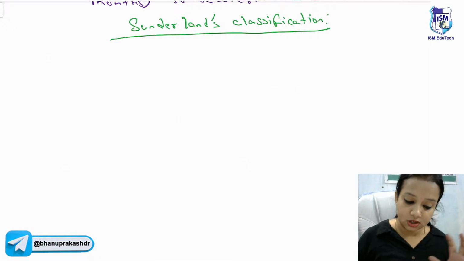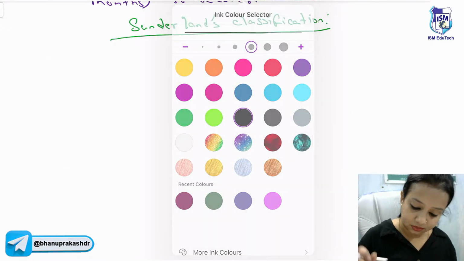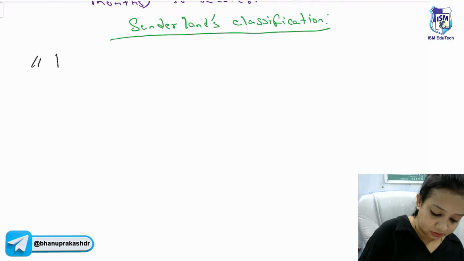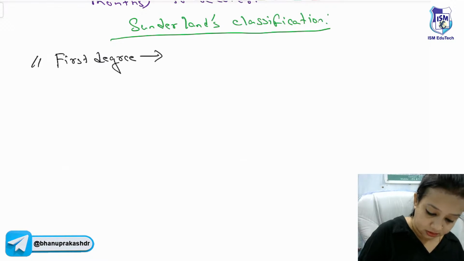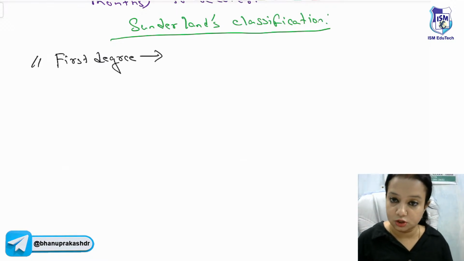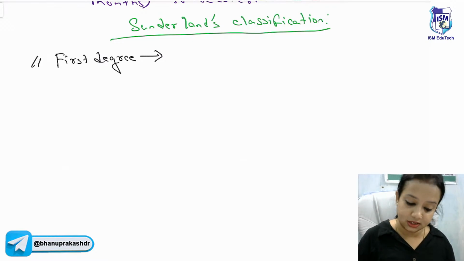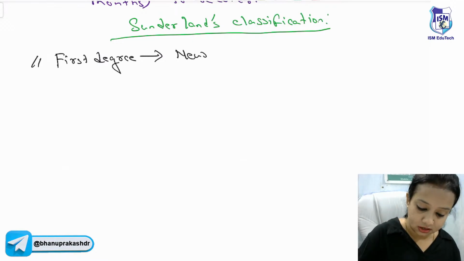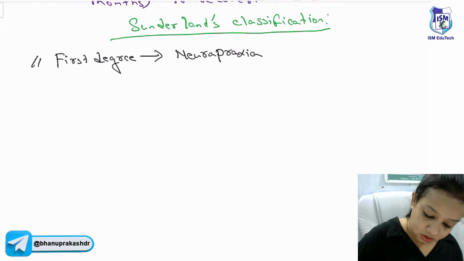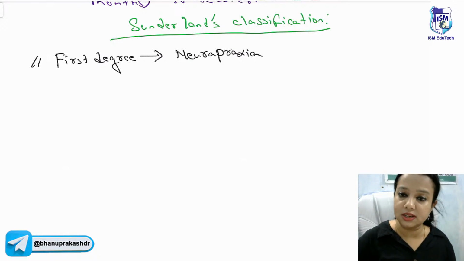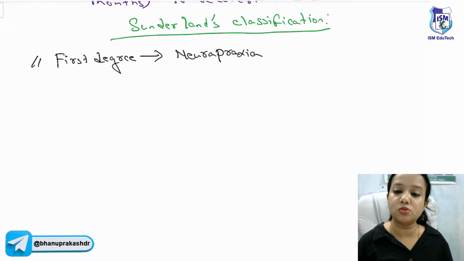So here he has used 5 degrees to classify the injury. First degree of the injury as per Sunderland classification is neuropraxia. Same thing. It is totally the same as neuropraxia, where only the myelin sheath gets worn off, right? And it is the least severe form of injury.